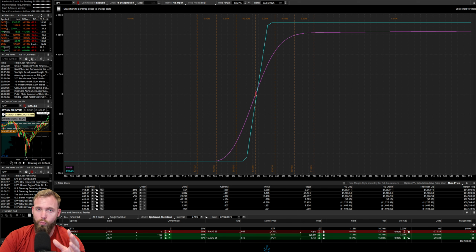VIX is another way to light your money on fire because it's very, very expensive. Same here, because if you take a look at the puts, the cost of the puts for a 30 delta is $6.43. The cost for the similar 30 delta short call is $4.54. It's a $2 difference. That's put skew. VIX essentially has that to the upside, where the calls are very expensive.